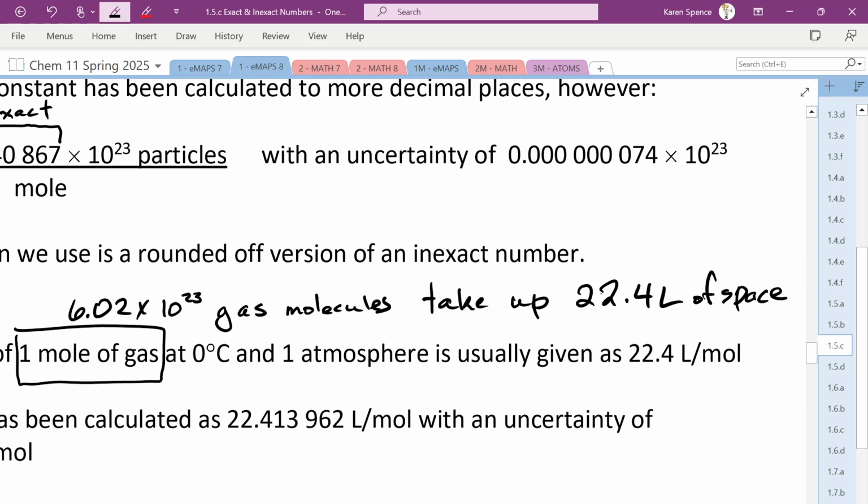However, again, that 22.4 is not exact because somebody had to measure that volume. They had to take a container and measure it, and they did some calculations, but that has now been rounded off to 3 digits. So this would have 3 sig figs.